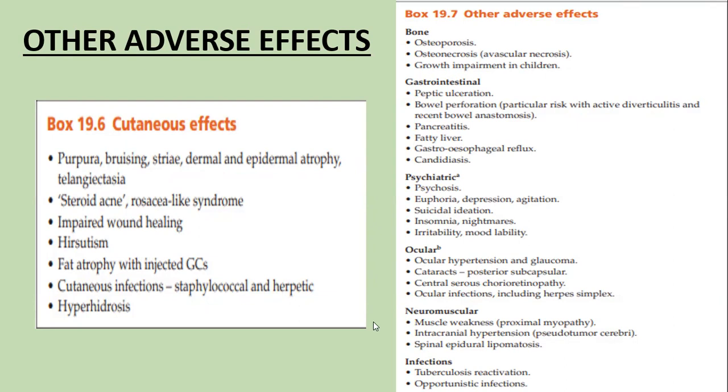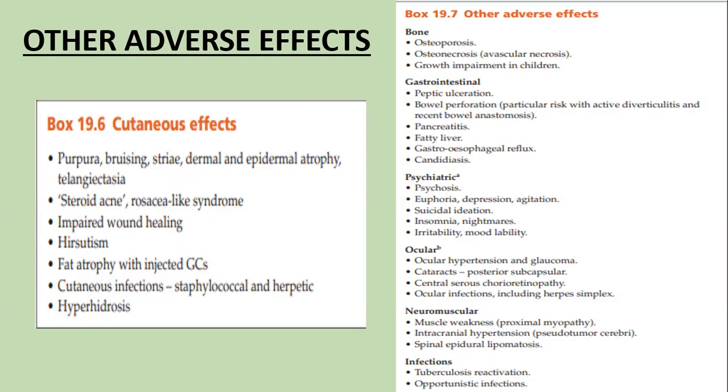The other adverse effects include bone: it causes osteoporosis and growth impairment in children. In the gastrointestinal tract, it may result in peptic ulceration, bowel perforation, fatty liver, gastroesophageal reflux. Psychiatric: it causes psychosis, euphoria, depression, agitation, insomnia, nightmares, suicidal ideation.